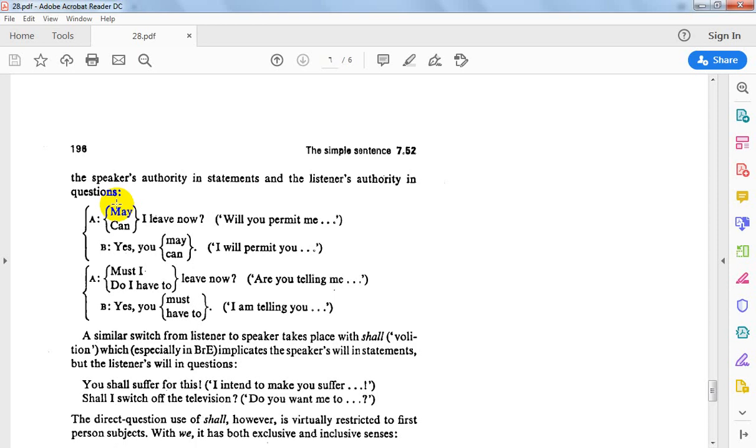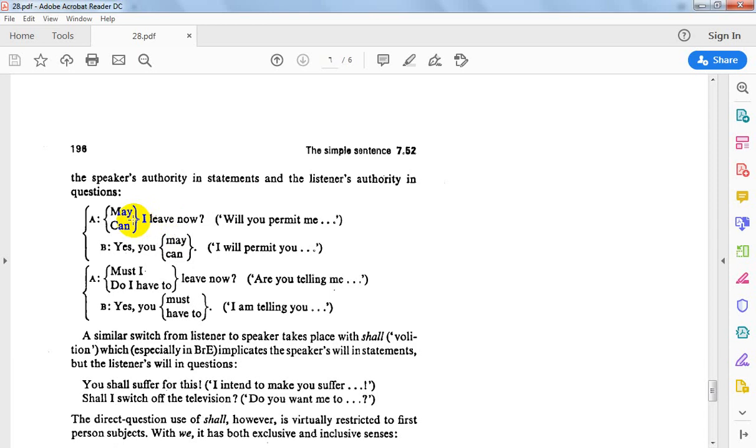Let us discuss these examples. May I leave now? May I leave now? Now where is it? It is a question. Okay? Starting with a modal auxiliary, meaning permission. May, can. The authority belongs to the listener. Imagine you ask my permission to what? To leave.